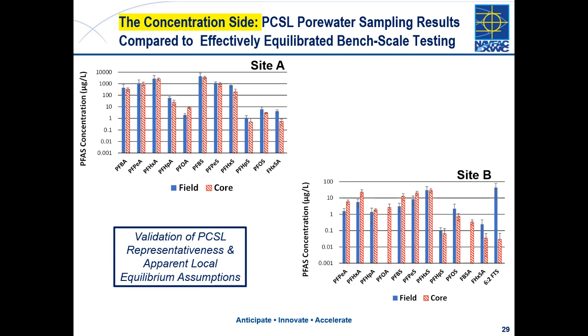And again, what we found for almost every case was pretty reasonable agreement between the two, at least within the margin of error. And that tells us, I think, for a lot of sites that we are collecting a very representative sample when we're out in the field with these lysimeters. But let's go to slide 30.